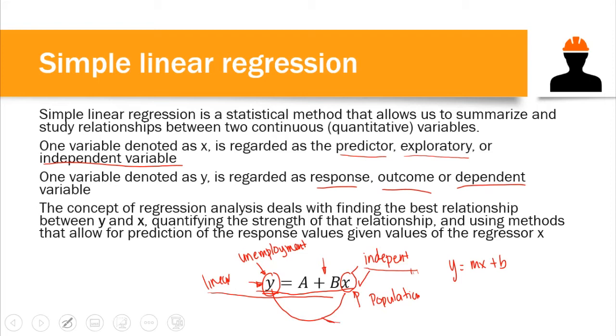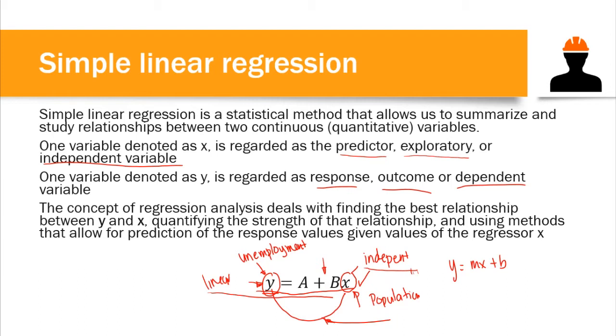So we check if this equation can be used for prediction, or if it can be effective in computing the variable y given a variable x. That's what we are dealing with in this topic.